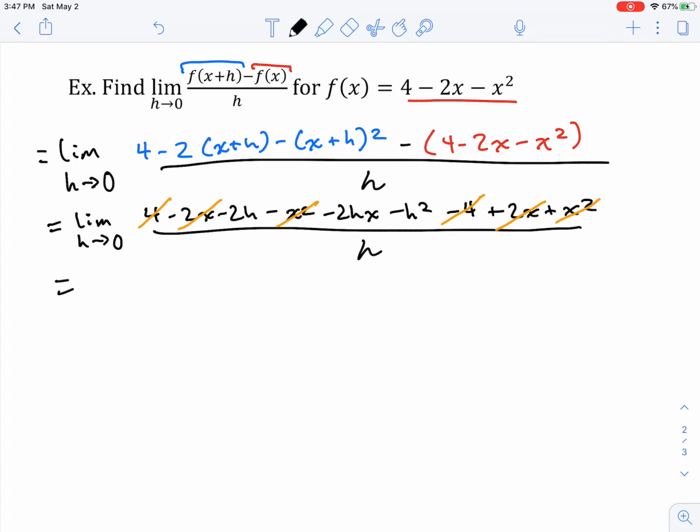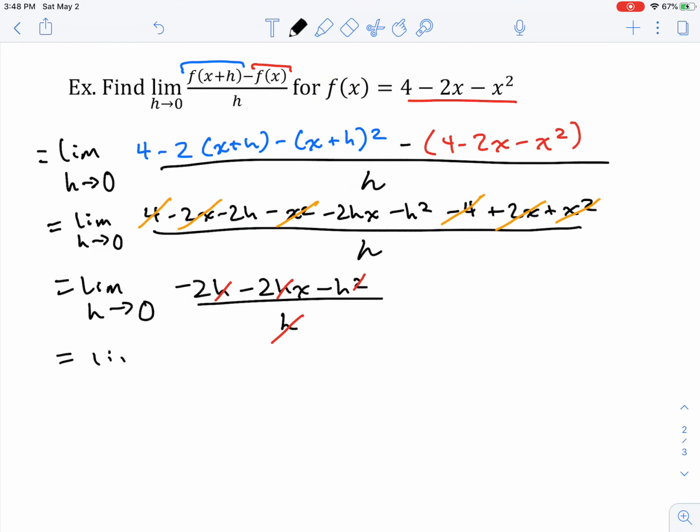And the answer is no. So let me clean this up first, even though I do see something that I can do in just a moment. So we've got negative 2h minus 2hx minus h squared. And all of this is over h. Well, hopefully you see it now too. I've got an h now in the numerator and the denominator that I can divide out. So I'm going to divide this h with this h, that h, and one of those h's. So if I clean that up fully, I've got the following.